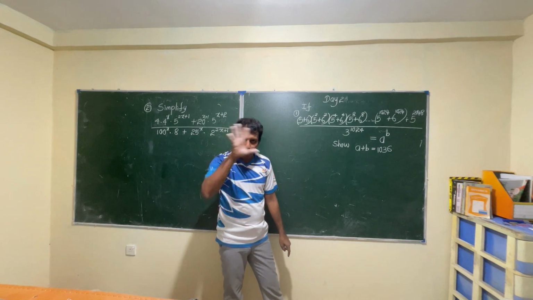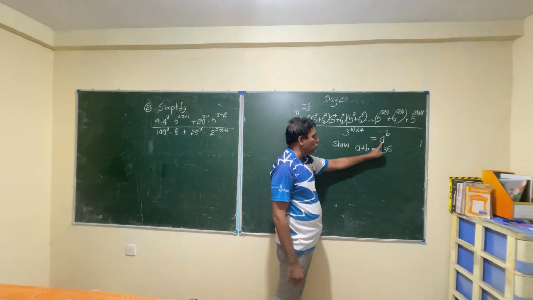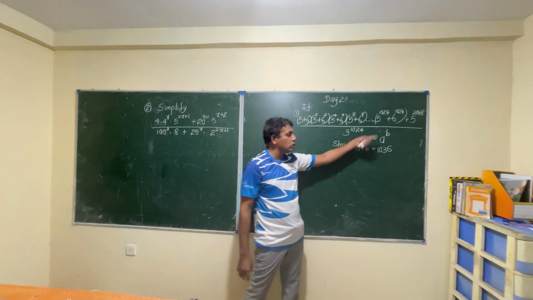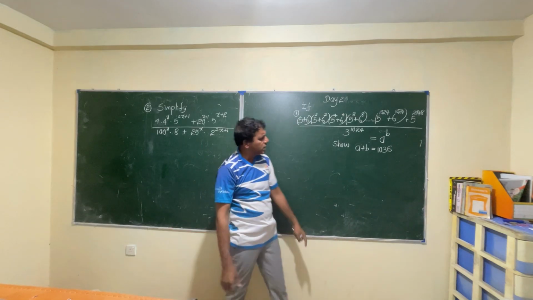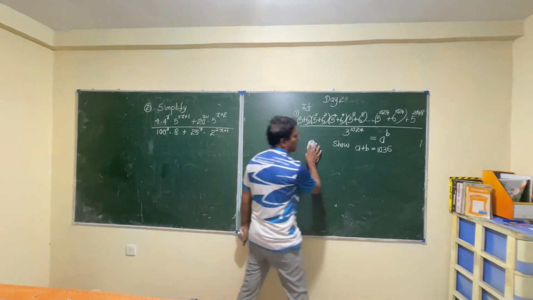The question is actually to simplify, but I have modified the later part. I found a to the power b, show that a plus b is 1036 something. After finishing, come back to the next question.